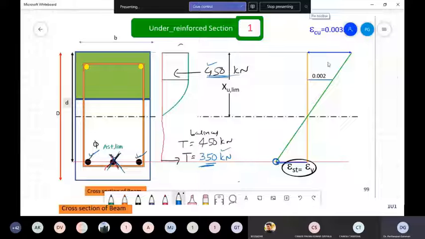At this time, the strain in the concrete will be 0.0035 or less than 0.0035? Concrete is taking 450 kilonewton, steel is taking only 350 kilonewton. So at 350 kilonewton, what will be the strain in the concrete? Less or equal to 0.0035 or more than 0.0035?